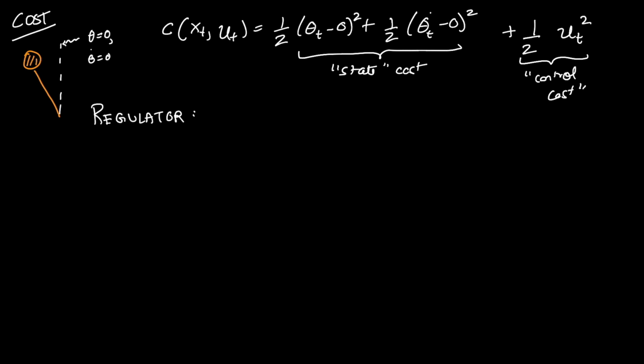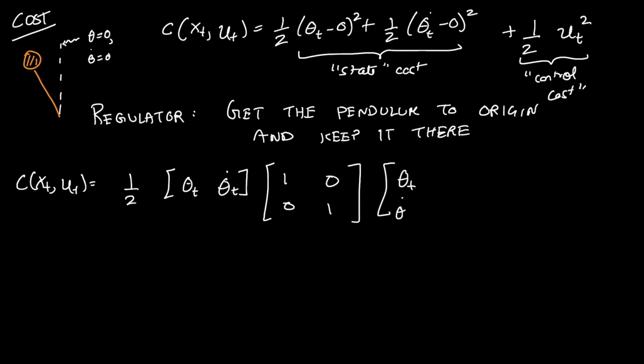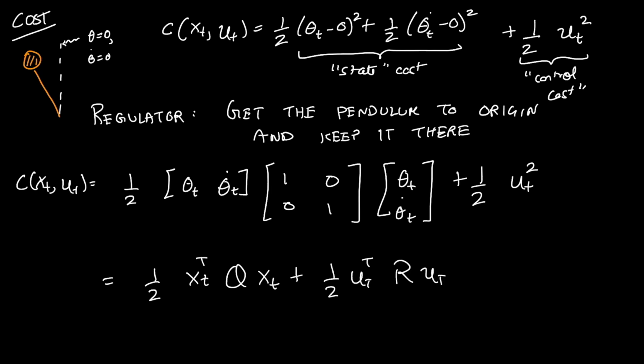We often use the term regulator to denote a system that regulates the state, trying to keep it at a set point. Now, just as we did for the dynamics, we can write out this cost in a matrix form. The matrices Q and R denote the cost coefficients for state and action, and thus the cost is a quadratic.